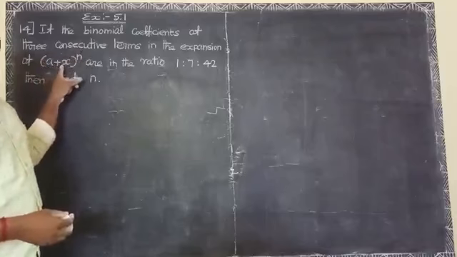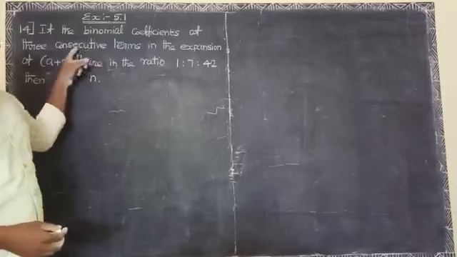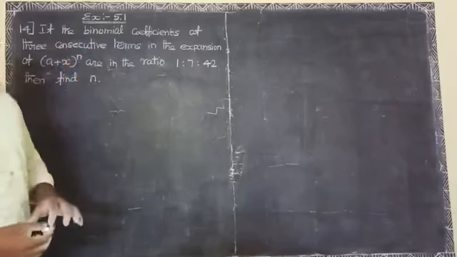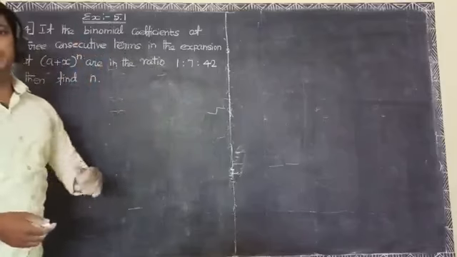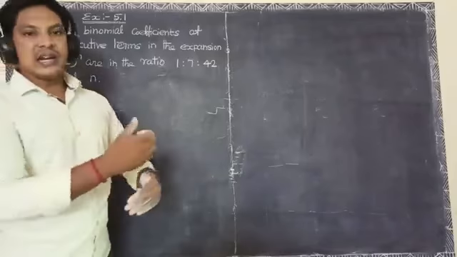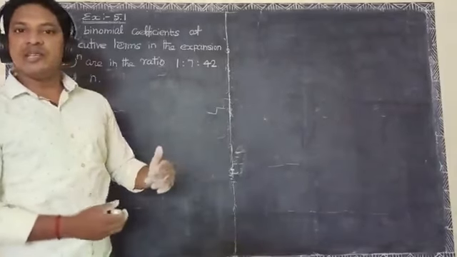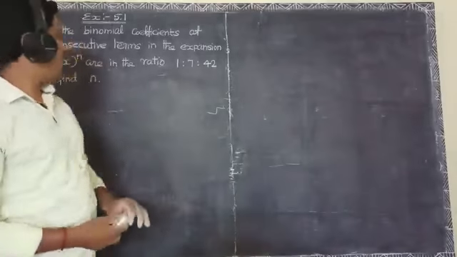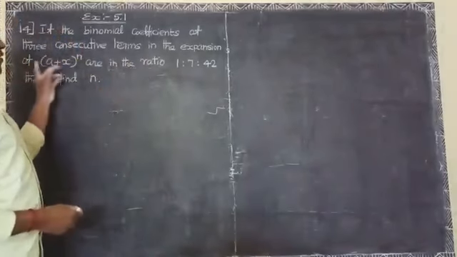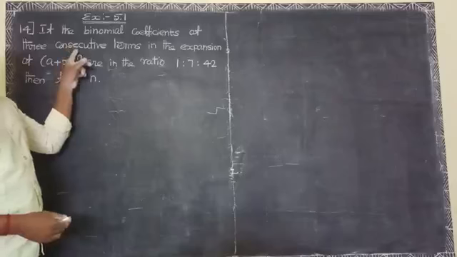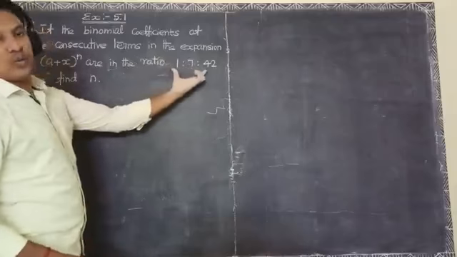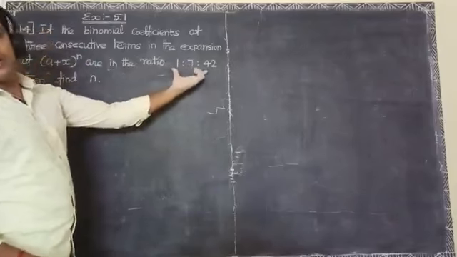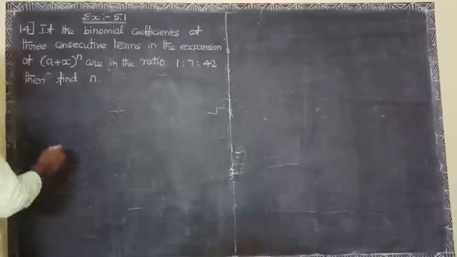The binomial coefficients of three consecutive terms in the expansion are in the ratio 1:7:42. Then find the value of n.